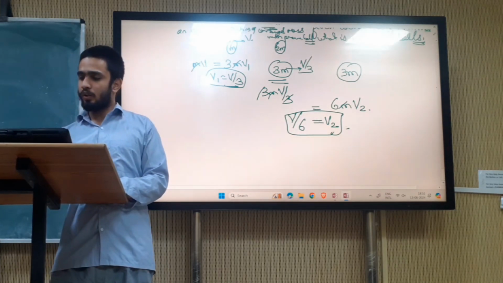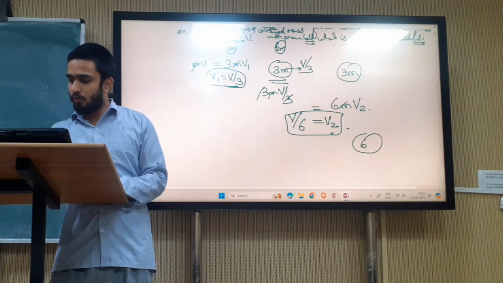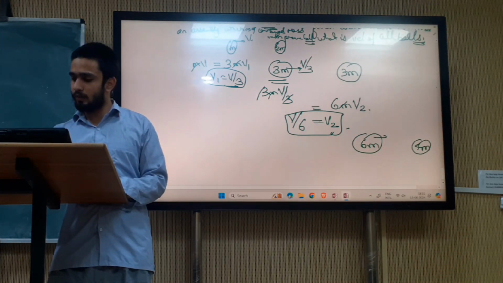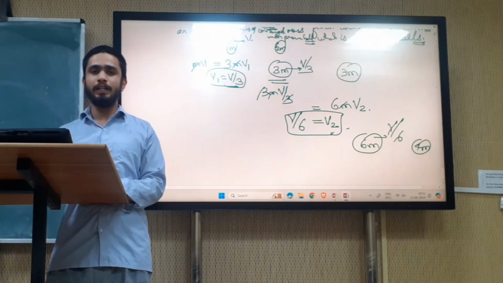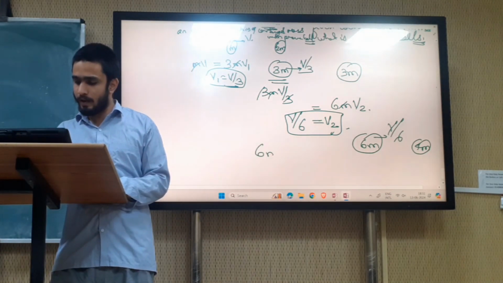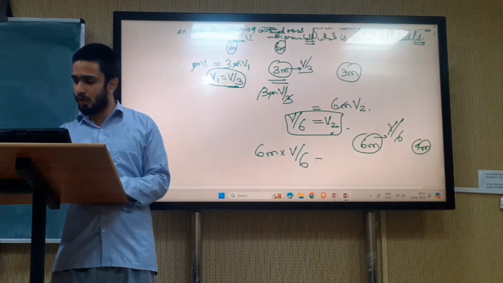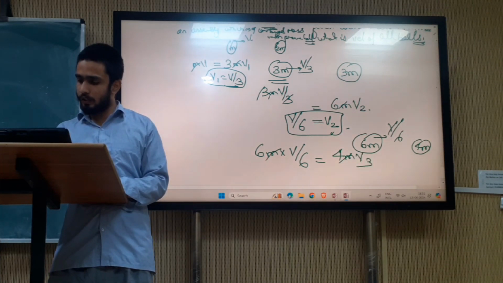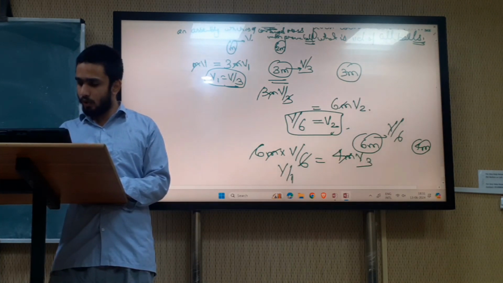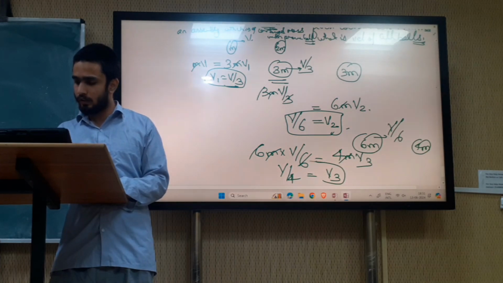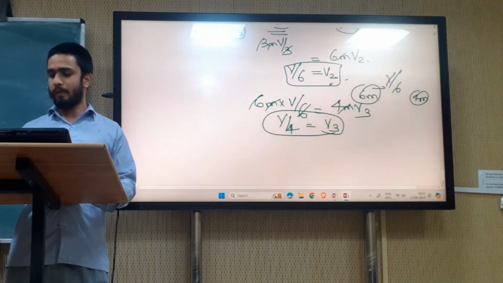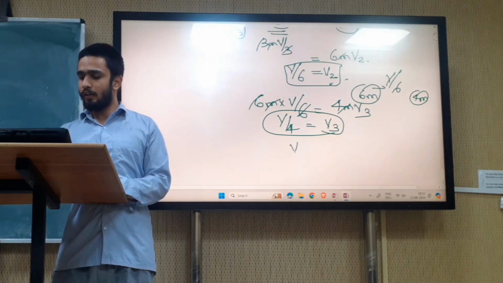Now this 6m mass will collide with this 4m mass. 6m with velocity v by 6, so 6m into v by 6 is equal to 4m v3. The m's and 6's cancel, so v by 4 is equal to v3.